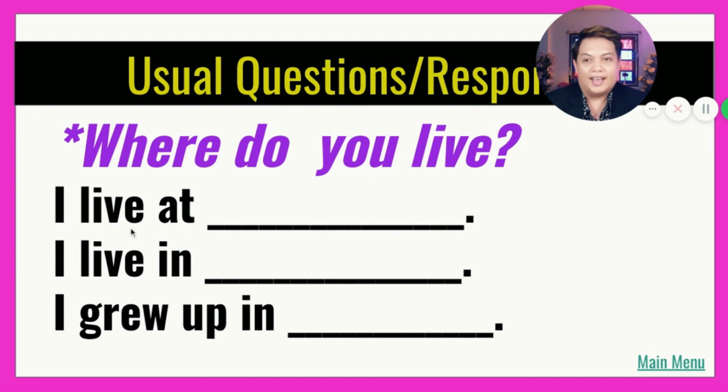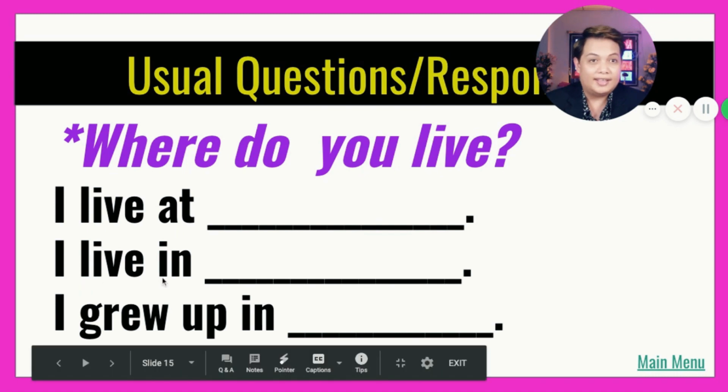Say it with me. I live at. Next, I live in. Say it with me. I live in. Or you could say, I grew up in. Say it with me. I grew up in.